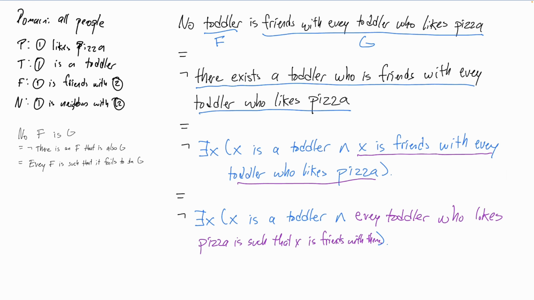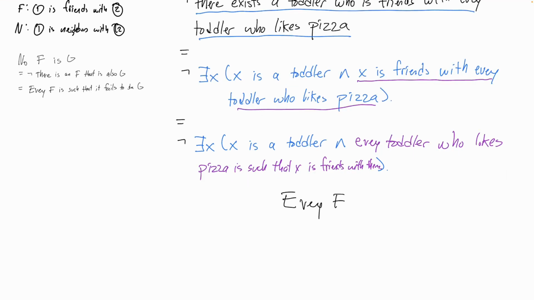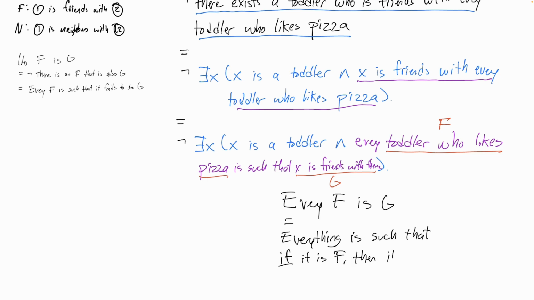And that's a statement of the form "every F is G." It's saying that everyone who meets the condition of being a toddler that likes pizza, that's the condition F in this case, meets the further condition that x is friends with them. That's the condition G in this case. To translate a claim of the form "every F is G," we reconceptualize it as "everything is such that if it's F, then it's G."